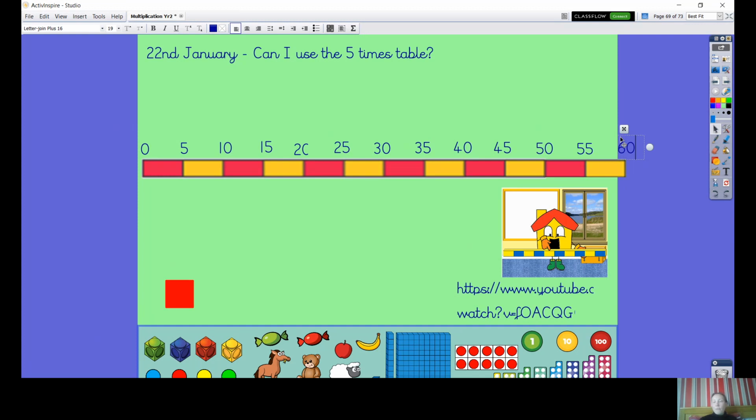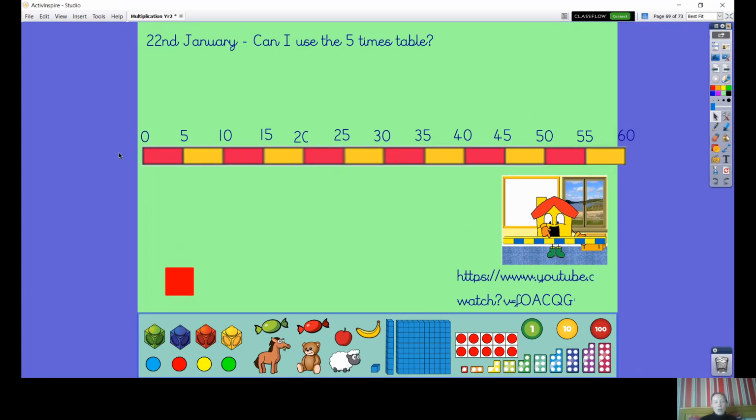Okay, so let's do that forwards and backwards again, nice and quickly. 0, 5, 10, 15, 20, 25, 30, 35, 40, 45, 50, 55, 60. You still joining in? 60, 55, 50, 45, 40, 35, 30, 25, 20, 15, 10, 5, 0.